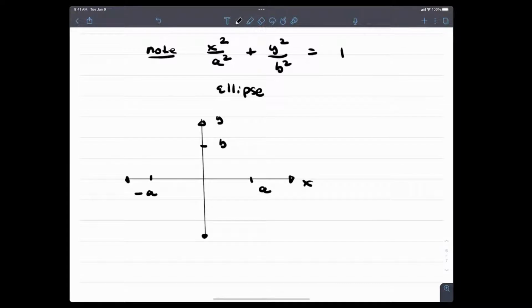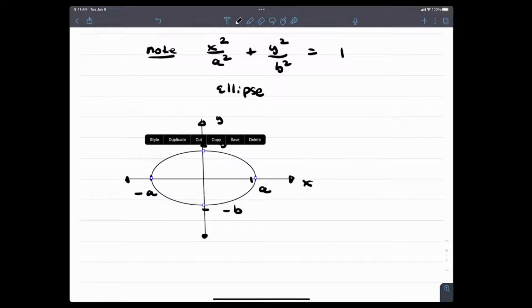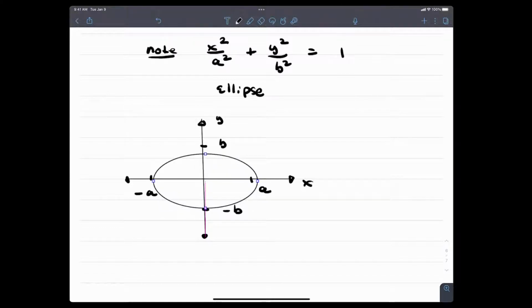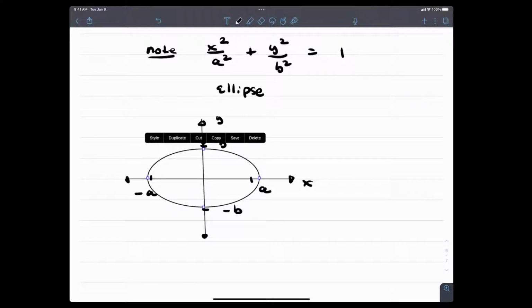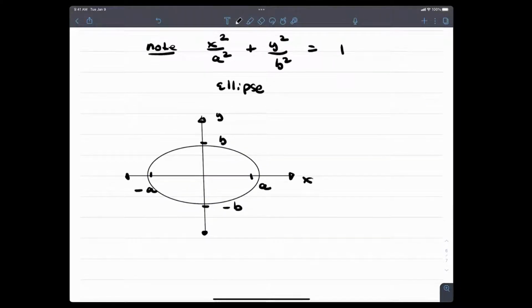Maybe this is b and minus b. Let's adjust it. Right, these are points.